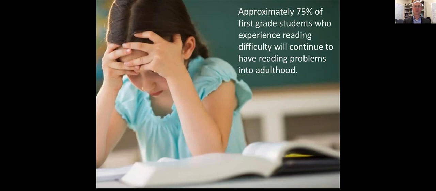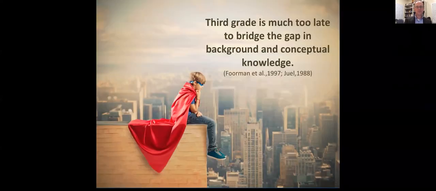As long as the language that we're assessing and the language that we're treating is in alignment with the academic language that they're going to be expected to understand when it's in written form, then we actually can make a pretty big impact on these children's lives and prevent the consequences of disorder and of cultural and linguistic diversity and mismatch from actually taking hold. Clearly, it's much too late to bridge the gap in background and conceptual knowledge by the time you wait till third grade.